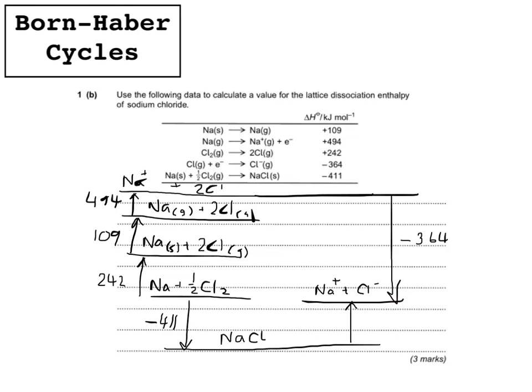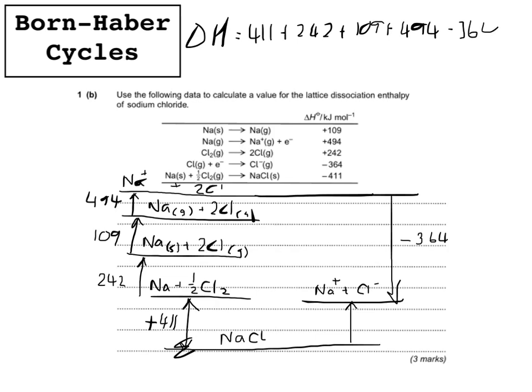So we're going to have to swap the formation enthalpy arrow around to make it positive. So our delta H is going to equal 411 plus 242 plus 109 plus 494 minus 364, and that gives us our answer of 892 kilojoules per mole.